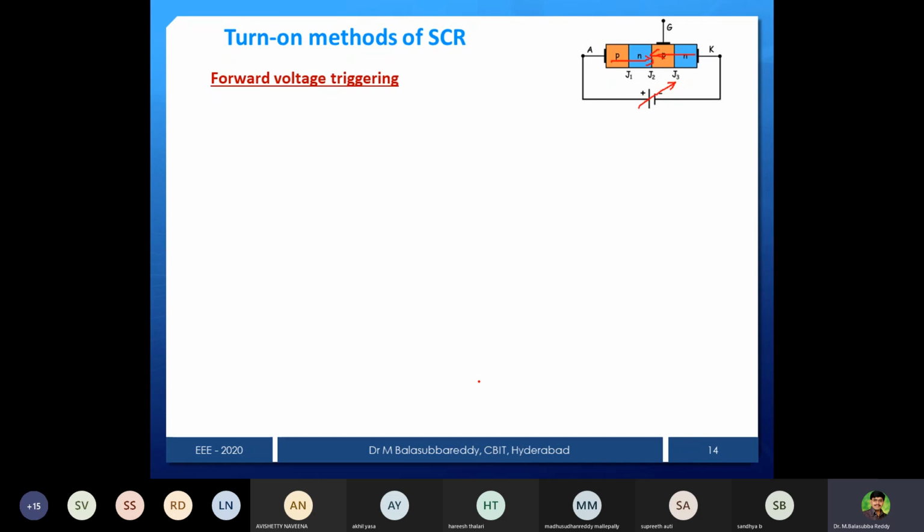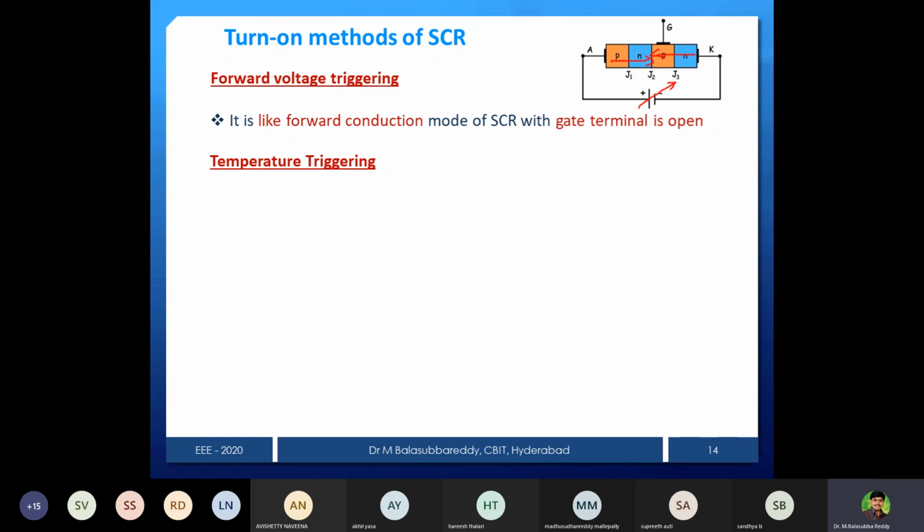You should not allow the voltage across anode to cathode beyond the breakover voltage. That is the problem. That's why this forward voltage triggering method is generally not preferred. But there is a provision to trigger the SCR, so that is the reason we can use this type of triggering method.